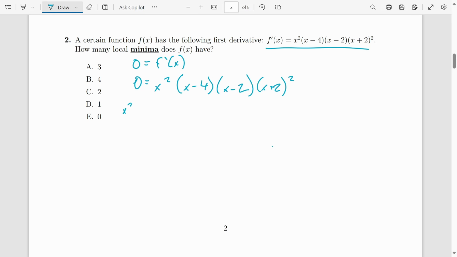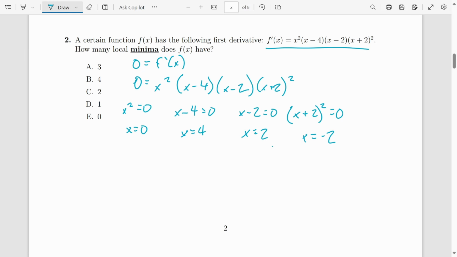So we've got x squared equals 0, x minus 4 equals 0, x minus 2 equals 0, and x plus 2 squared equals 0. That is our potential critical points. So solving each one of these, this will give us x equals 0, x equals 4, x equals 2, and x equals -2. Awesome.